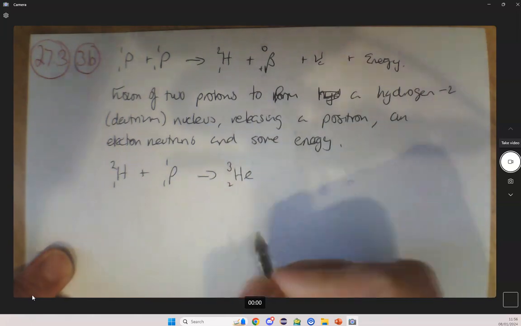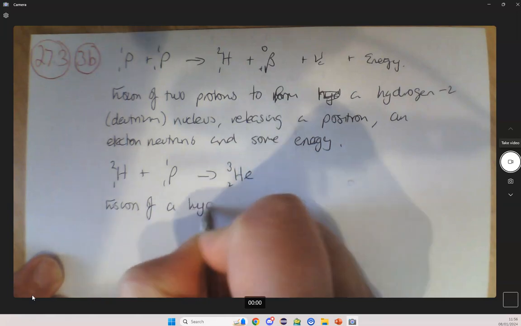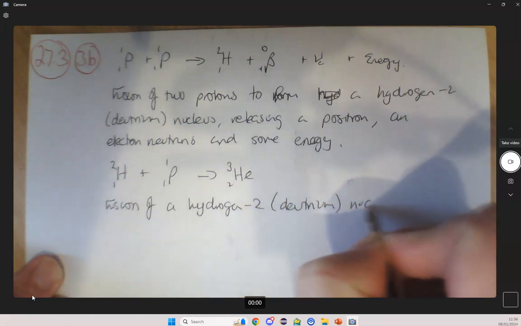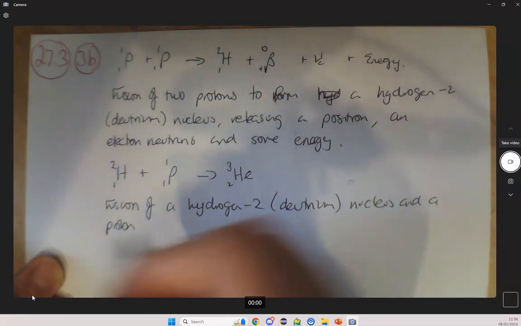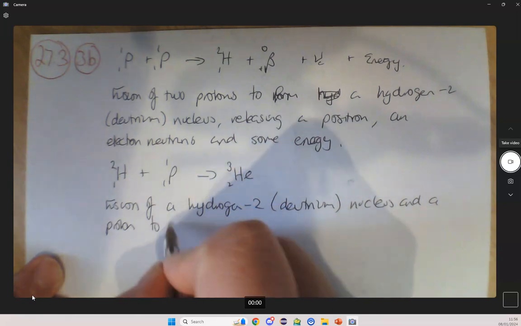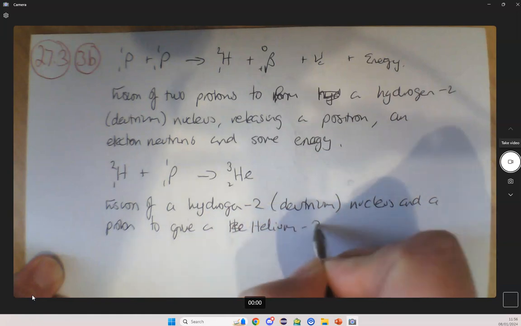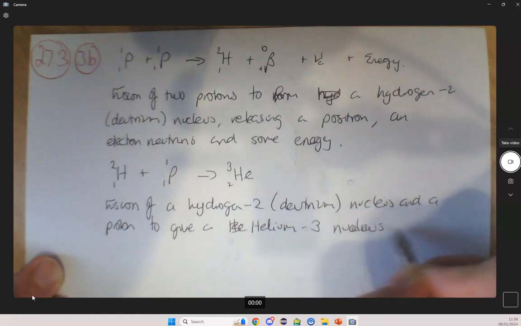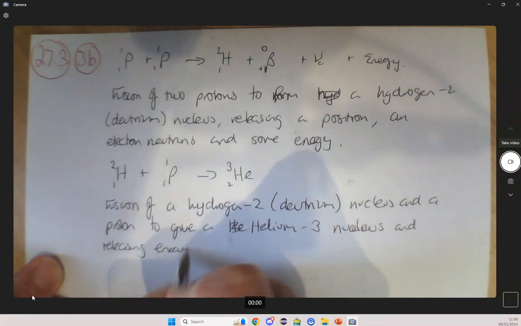So in this case what's happening is fusion of a hydrogen 2 nucleus, which we could also call deuterium, and a proton, to give a helium 3 nucleus, releasing energy, because this fusion would also release some energy.